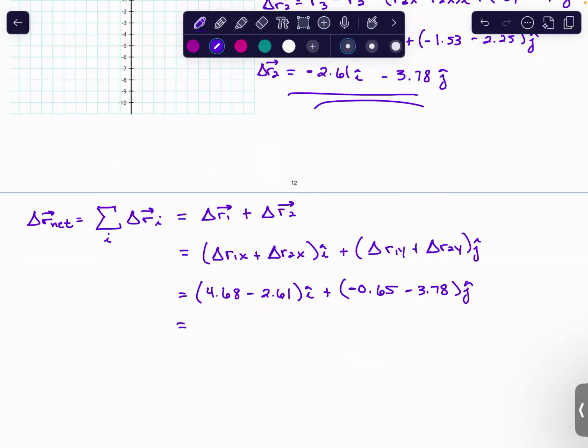We end up giving us this. So that is our total displacement.